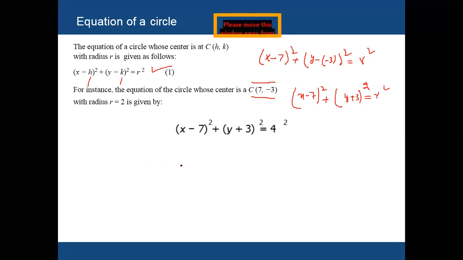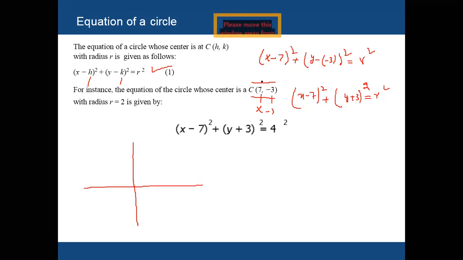How can we draw the diagram of (x minus 7) whole square plus (y minus 3) whole square, where the central point x is 7 and y is minus 3? First of all we need to draw the xy coordinates.